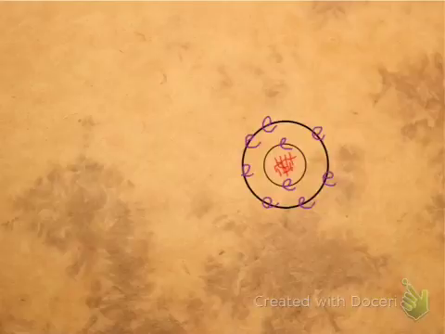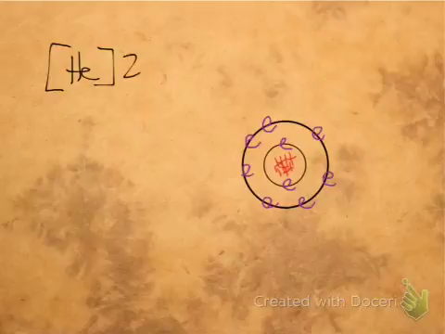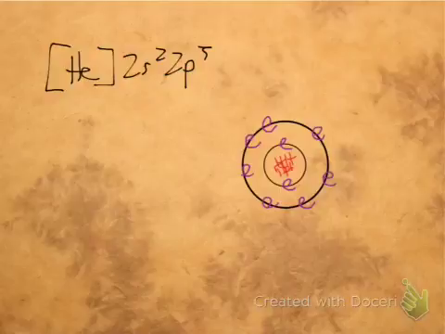Now, it's a little bit different here. If you were going to draw the noble gas notation for fluorine, what noble gas would you use? You'd use helium again. So you'd use helium, and it's helium 2s2 2p5, but it's a whole lot closer to another noble gas.